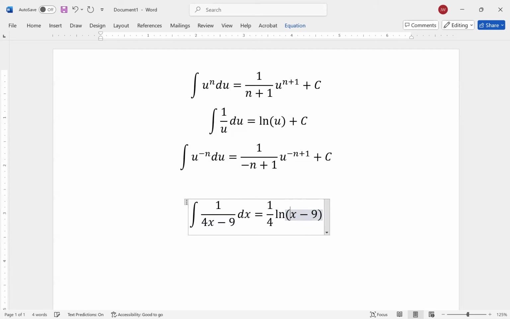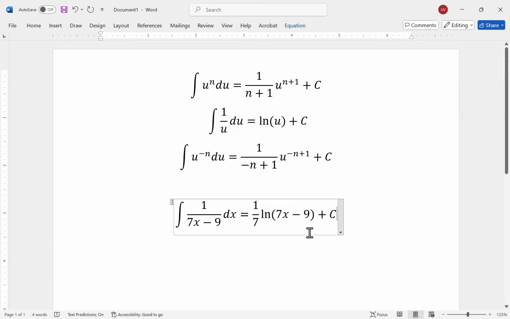If we would have had a coefficient of, let's say, 7, if it was 7x minus 9, I would have had to divide by a 7. Okay. And then obviously at the end, we have to tack on our plus c. But that's the idea. So we know how to do this with u to the nth power as long as we have a linear piece.